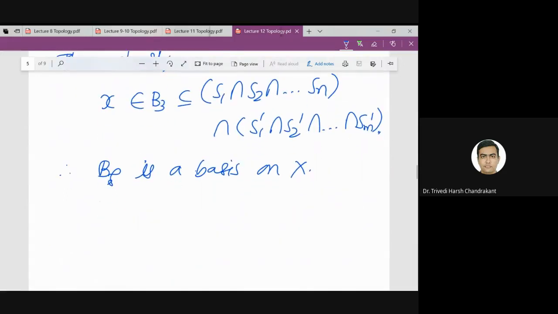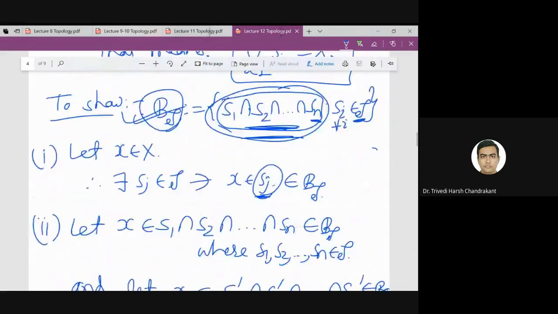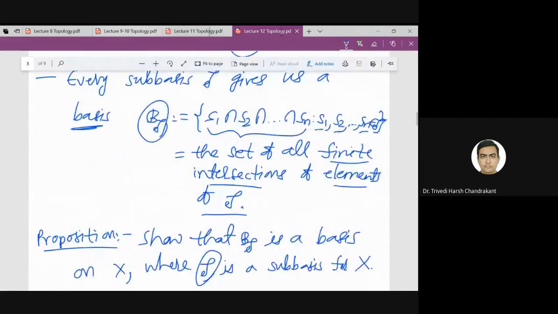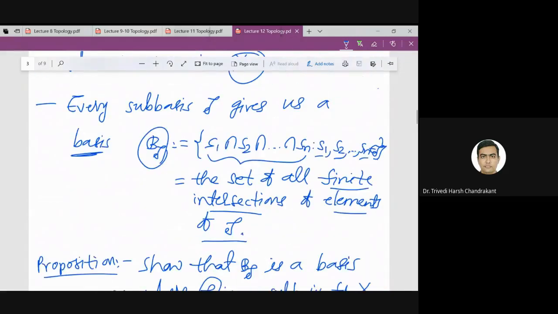Okay, so this is what we discussed so far. Let me revise once. In this lecture, we defined the notion of subbasis. A subbasis is a collection of subsets of X whose union is X, the whole set X, and this subbasis gives us a basis.